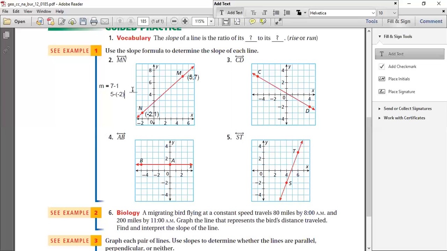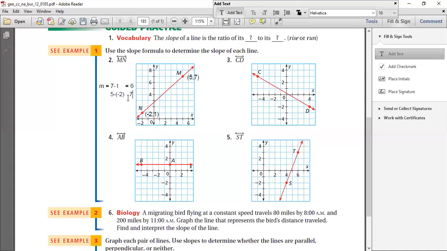Okay, so 7 minus 1 is going to give you 6. And 5 minus -2, minus -2 will give you positive, so 5 plus 2 is going to give you 7. So your slope here has to be 6/7.